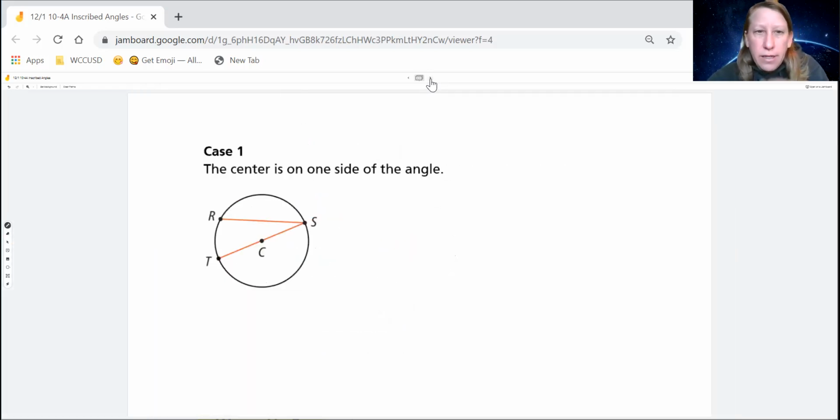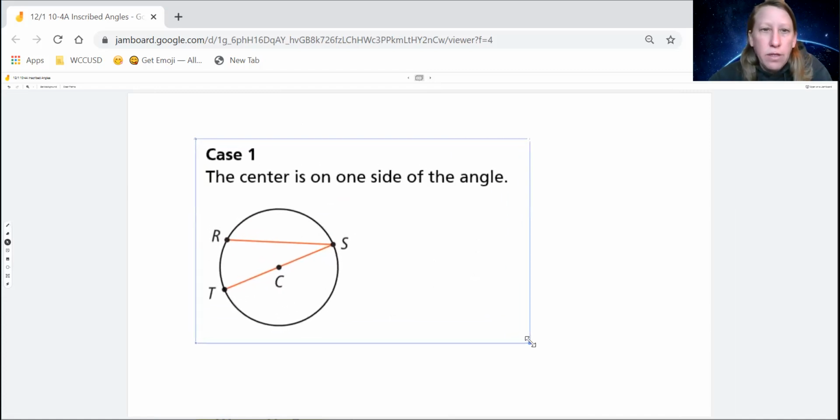So let's investigate here. I'm going to play with a number and see if we can figure out the relationship here, because there's a formula that I'm trying to help you understand where it came from. So the center is on one side of the angle. So there's some different cases.